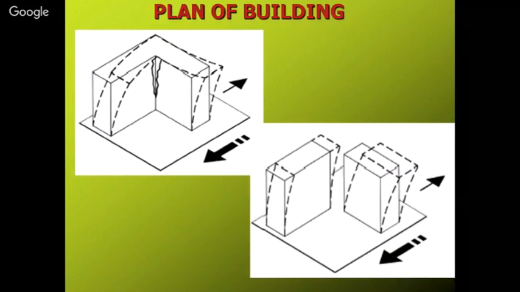Like this, if you have joined your building and have no separation joint inside it, suppose the force comes in this direction, then this wall will behave as an in plane wall, and this will behave as an out of plane wall. Now what is in plane and out of plane action of the wall?